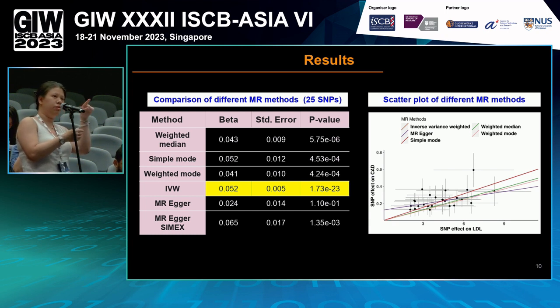So your method is using IVW for reweighting your estimates, right? But other methods, I'm not sure how they work, but it seems like they are also MR methods, of course causal inference methods, right? So why can your method get such significant p-values compared to others? What's the main difference between your method and other MR methods?